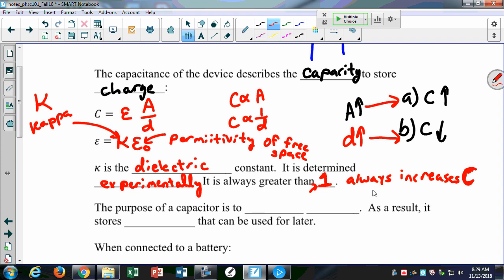The purpose of the capacitor, as I said, is to store charge. As a result, it stores energy that can be used later. Capacitors really have two purposes. One is to store energy.